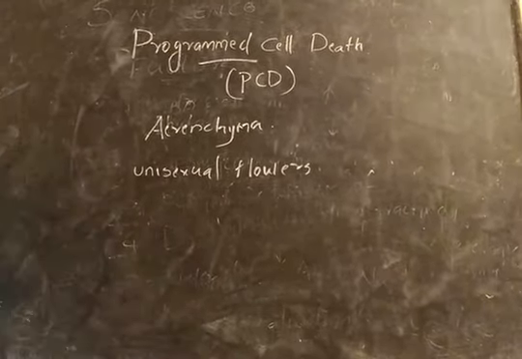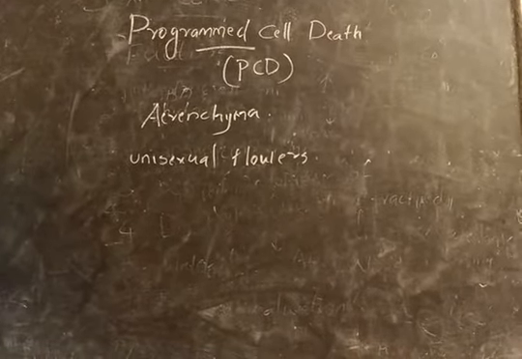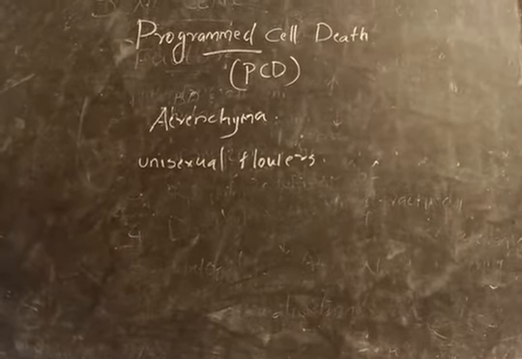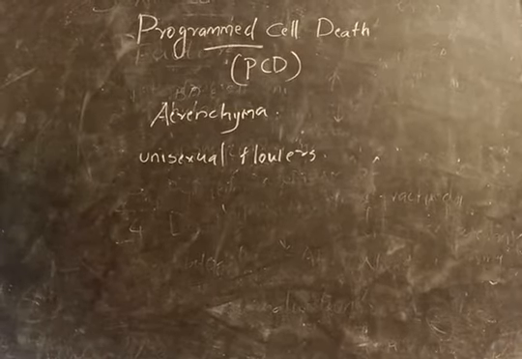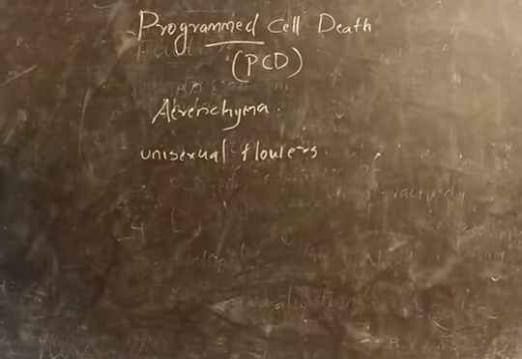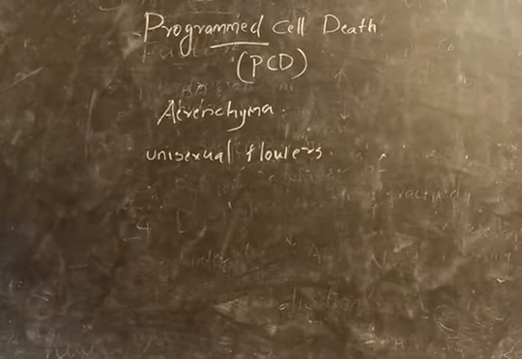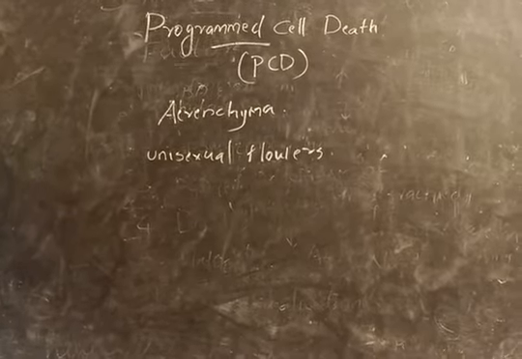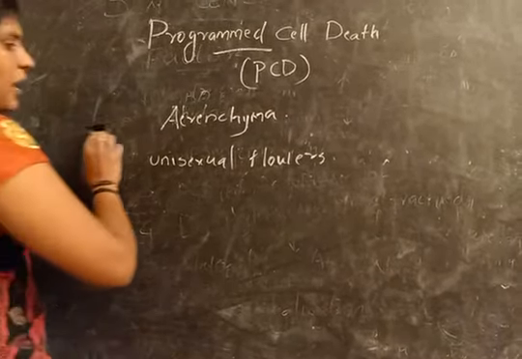Either male or female flowers may occur. So the presence of unisexual flowers in plants is due to programmed cell death. Only one of the two completes its development and the other will abort due to programmed cell death. So these are about programmed cell death.